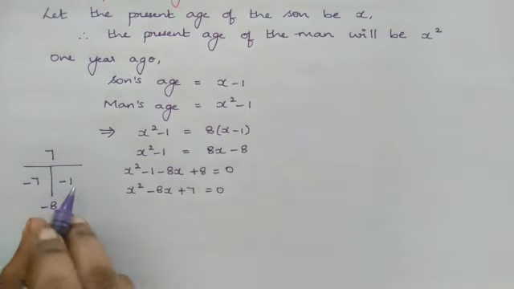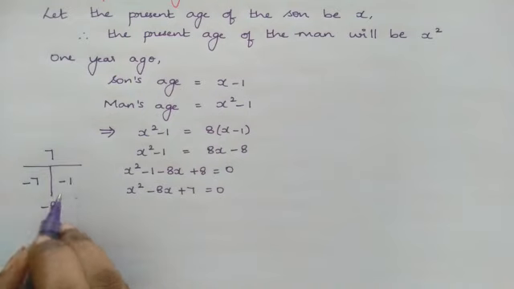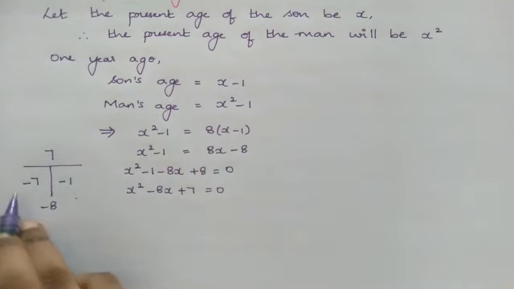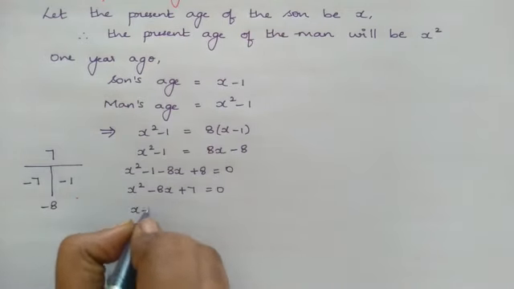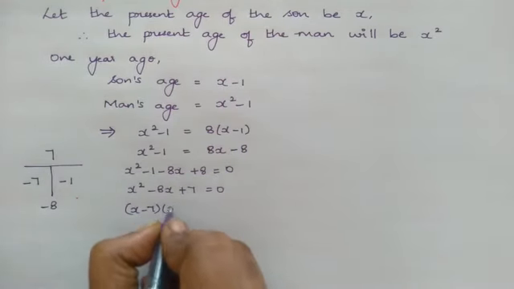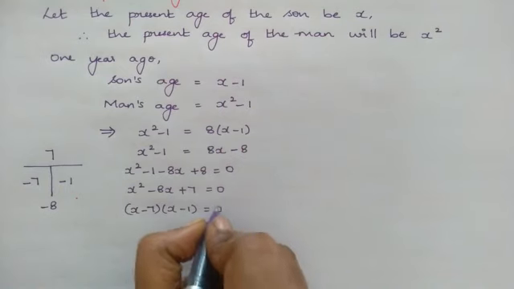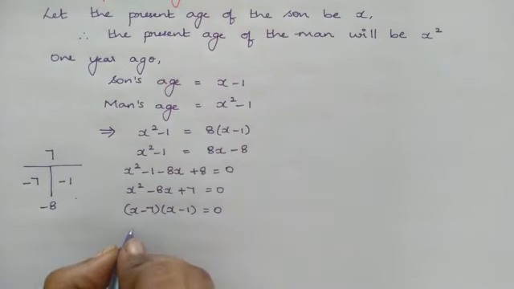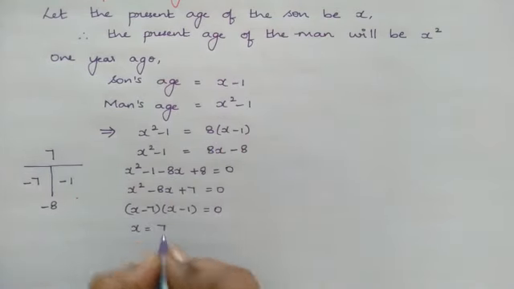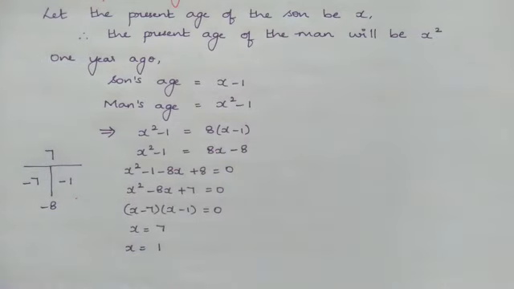Two integers of the same sign: add and put the same sign, that's the subtraction sign, minus 8. So this will be x minus 7, x minus 1, which is equal to 0. Therefore, x can be 7 or x can be 1. So both are possible cases.